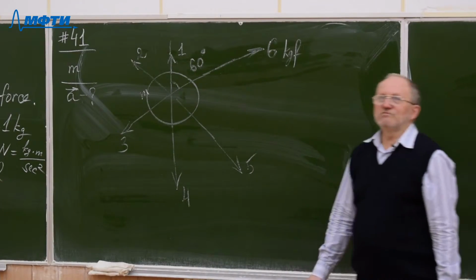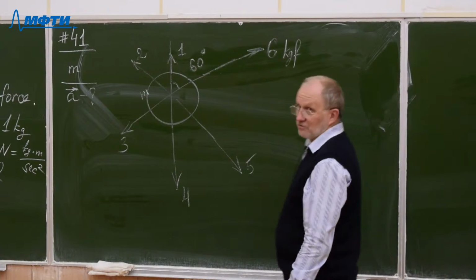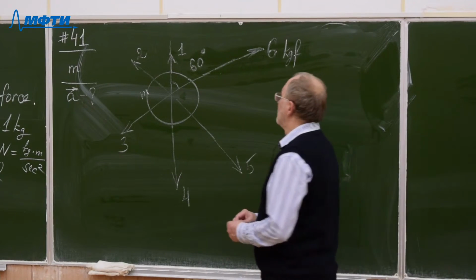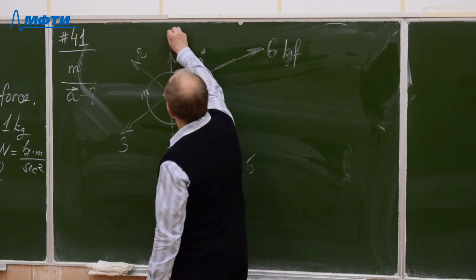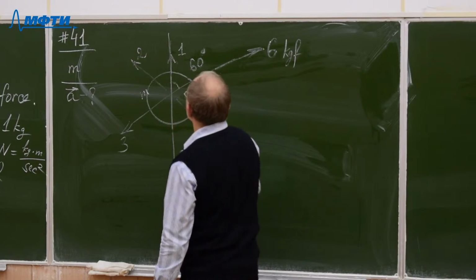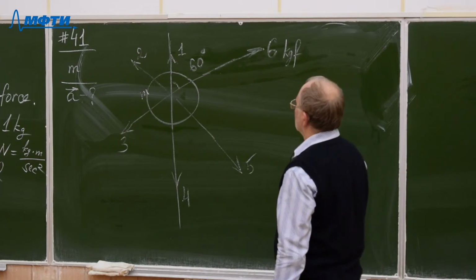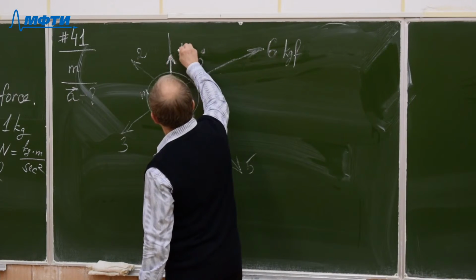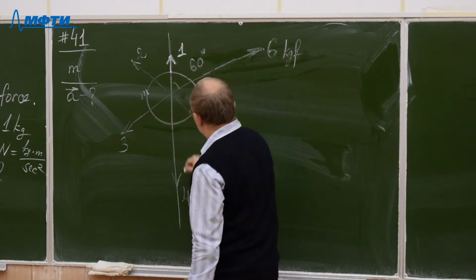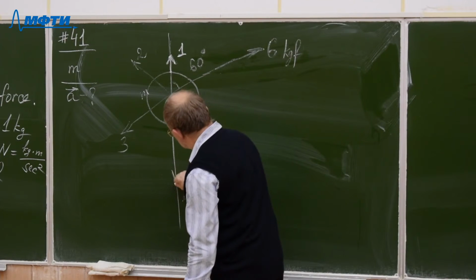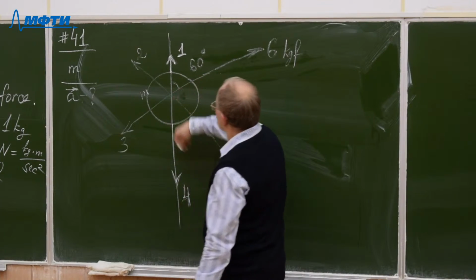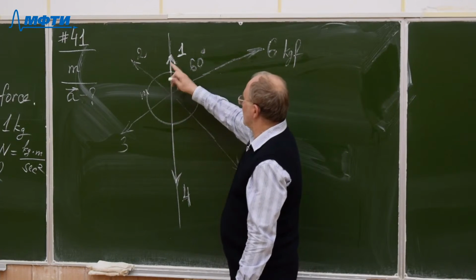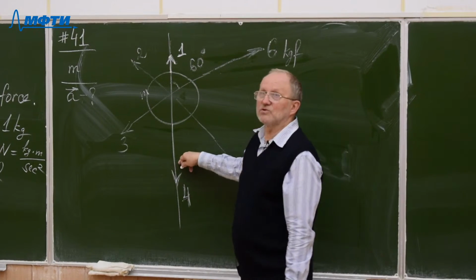The easiest way to do it in this particular case is to consider forces acting in one direction along one straight line. We have the force directed upward and equal to 1, and the force directed downward and equal to 4. So the net force, if we add this vector and this vector, what will we obtain?